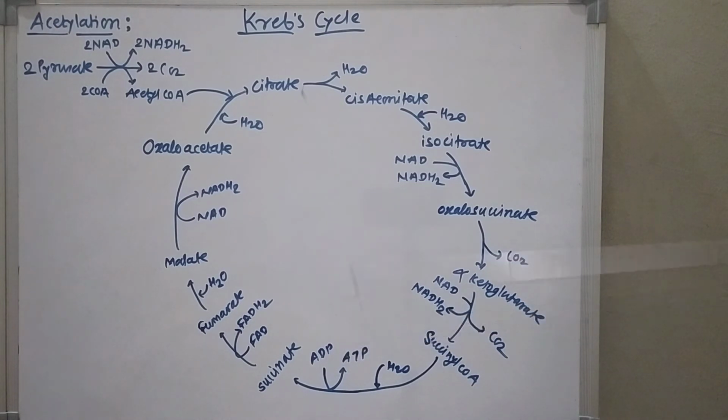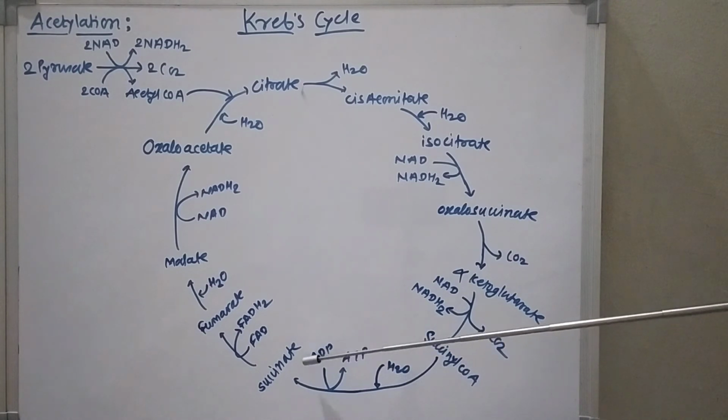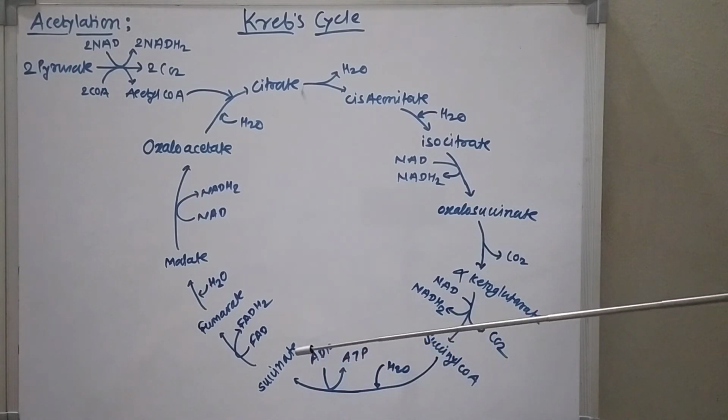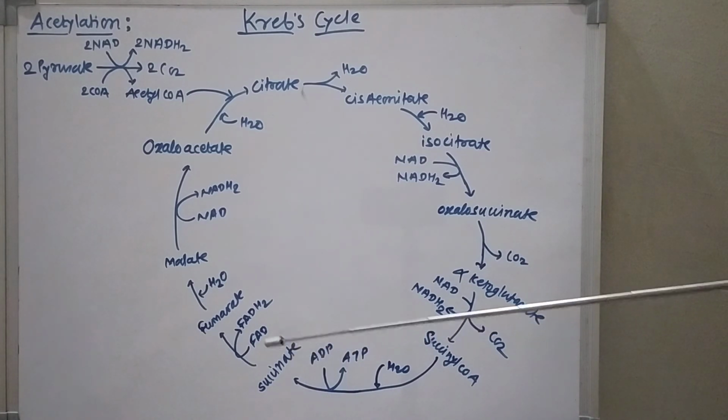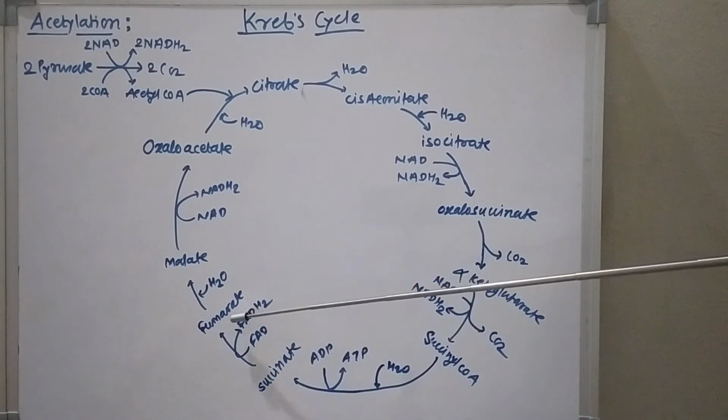Means here one ATP molecule is also formed. Due to hydration, succinyl coenzyme A is converted into succinate. Again, succinate by dehydrogenation is converted into fumarate.